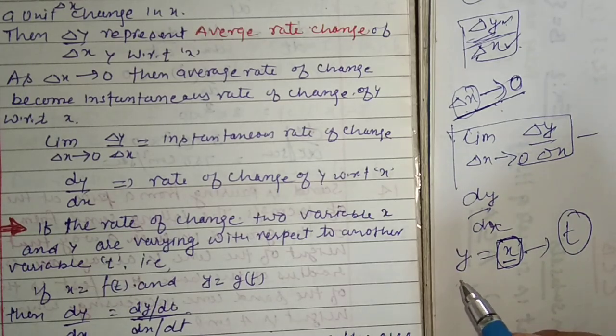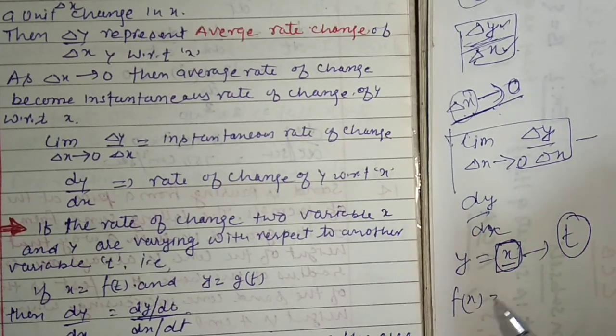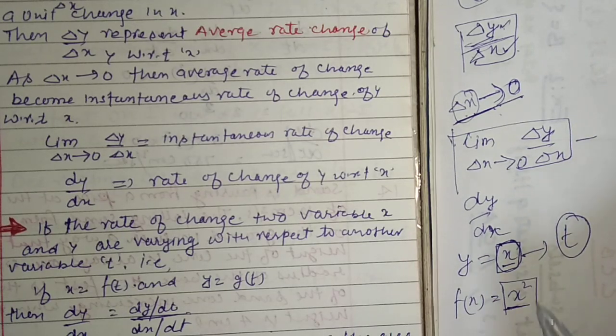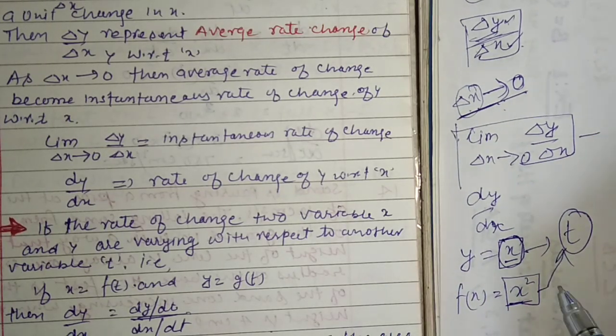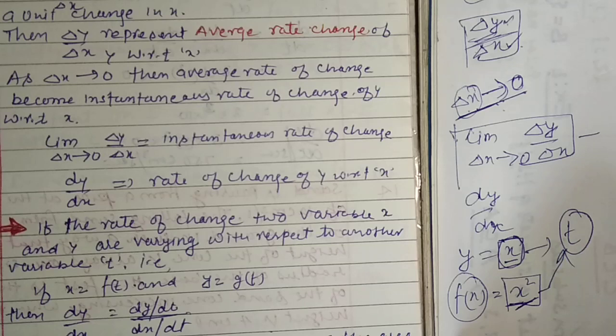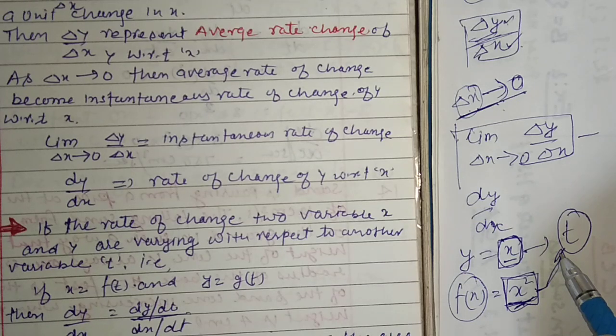Suppose f(x) is equal to x square. So this x is changed with respect to another variable t. As x changes, we know that f(x) also changes. Clear? x में change होगा but किसी थर्ड वेरिएबल की रिस्पेक्ट में चेंज होगा, मीन्स t की रिस्पेक्ट में.